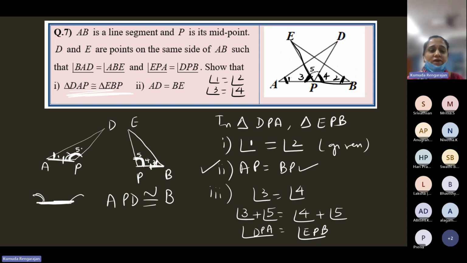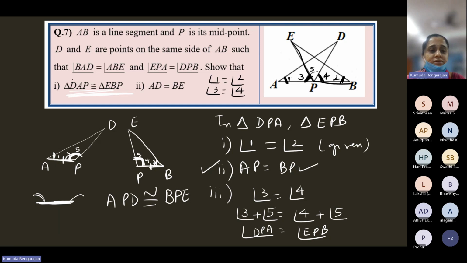Angle 3 plus angle 5 in the first triangle is equal to angle 4 plus 5 in the second triangle. So the vertices P coincide, so it will be P here also. And D goes with E. So APD, BPE.